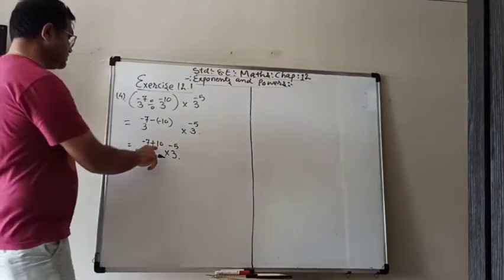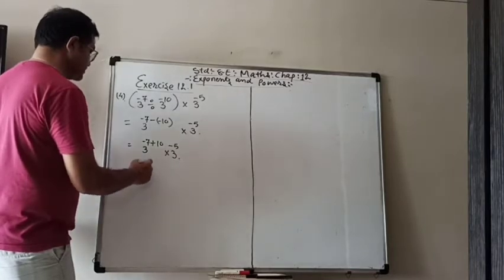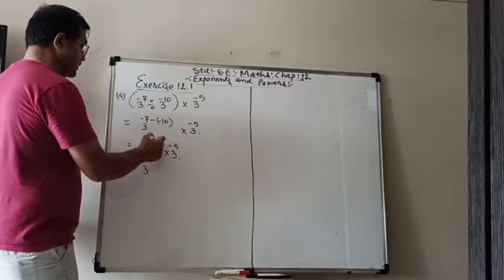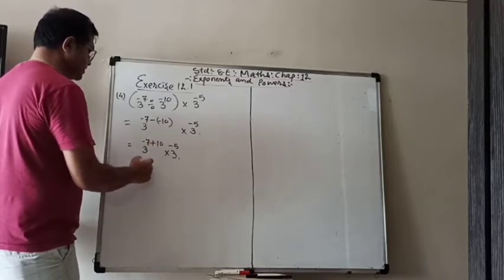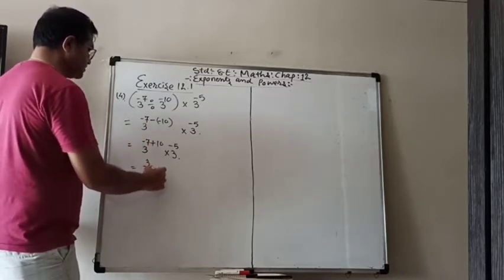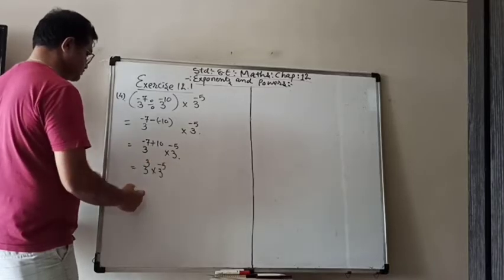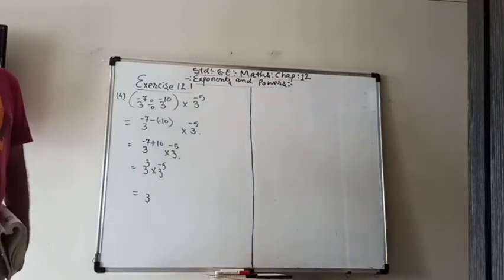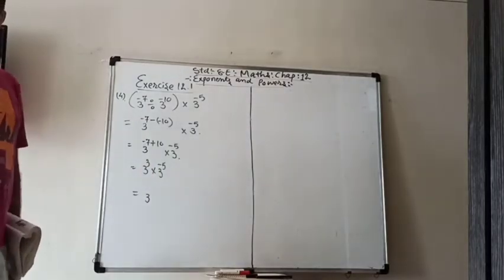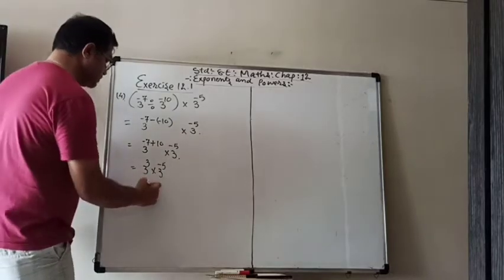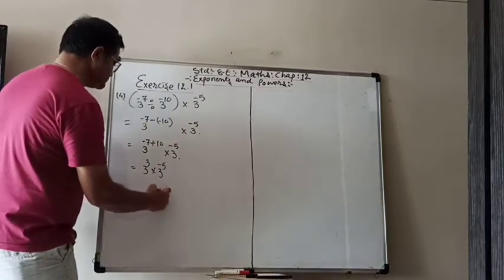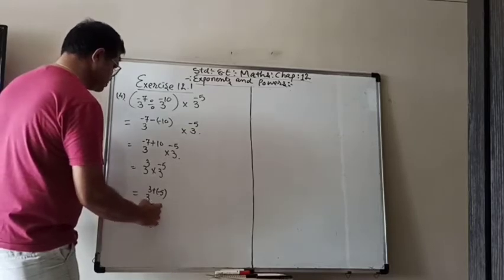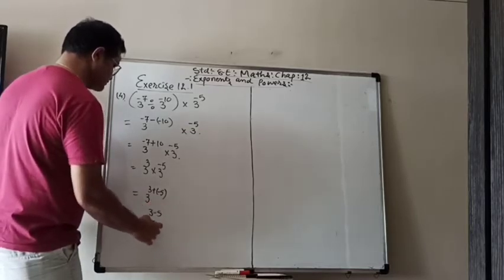So now simplify here 10 minus 7, is 3, multiply by 3 raised to minus 5. So now multiplication, same base, law number 1. Addition means 3 plus minus 5 is equal to 3 raised to 3 minus 5.